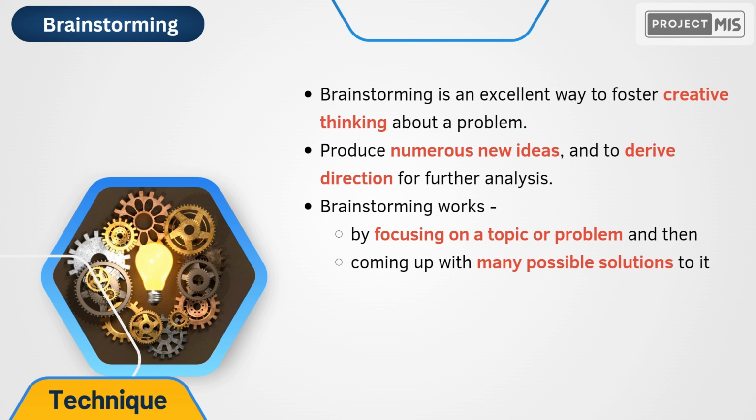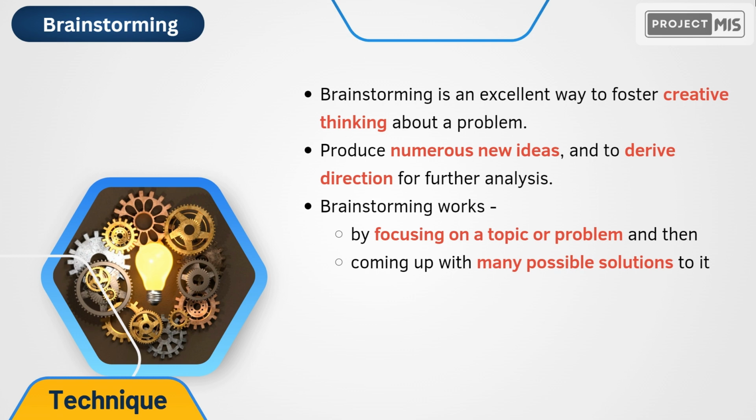So how does it work? The whole process of brainstorming works in two different steps. The first step is to focus on a topic or problem. Meaning we have a problem or a topic or a scenario, whatever we call it, and we are just setting the expectation with the group that we have to focus in this direction.